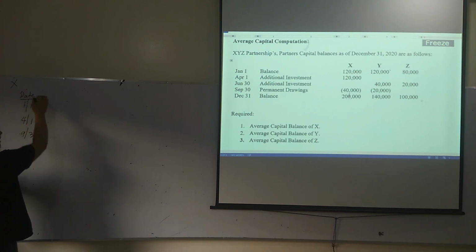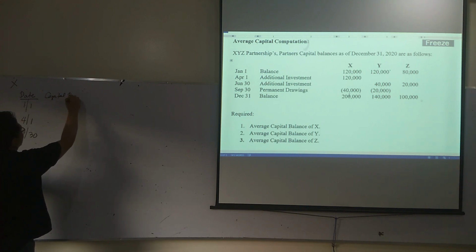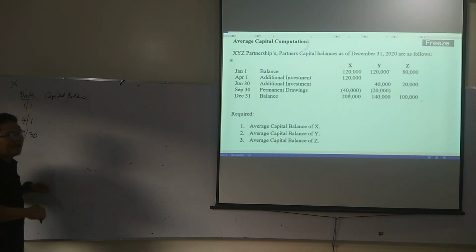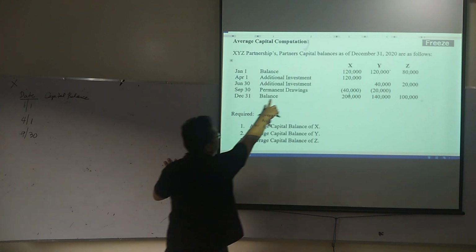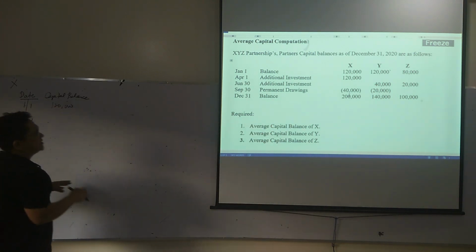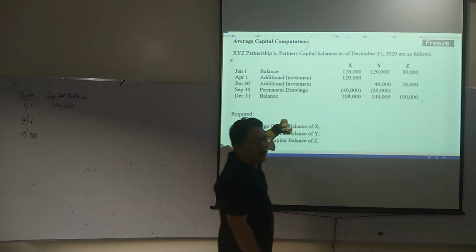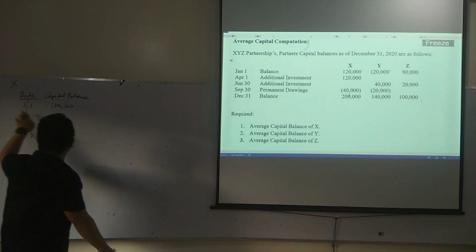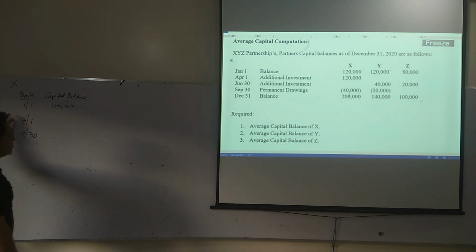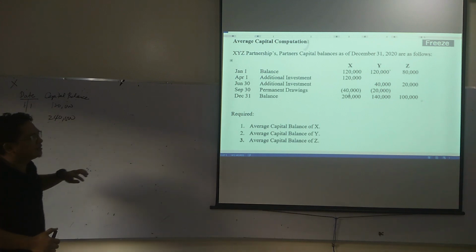So column for the day, then column for capital balance. January 1, that's his beginning capital balance. On April 1, he added 120,000 to his capital, so his capital balance as of April 1 is now 240,000.